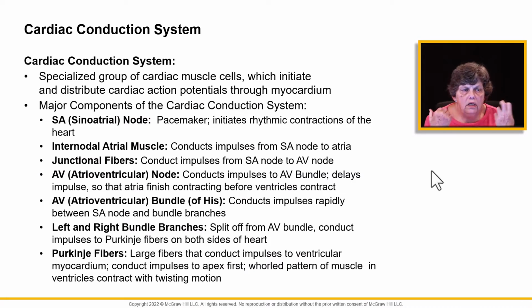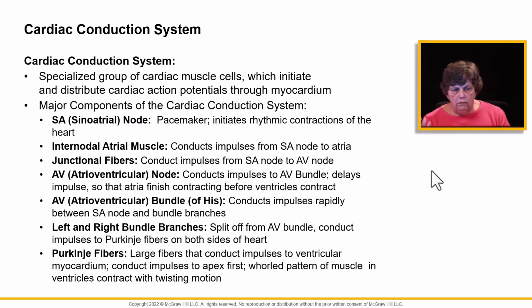So the conduction system for the heart: you have these specialized cardiac muscle cells that are going to initiate this potential. You have the sinoatrial node, or the SA node. This is the pacemaker of the heart. It is genetically encoded to initiate an action potential at a regular rate. This initiates the rhythmic contractions of the heart.